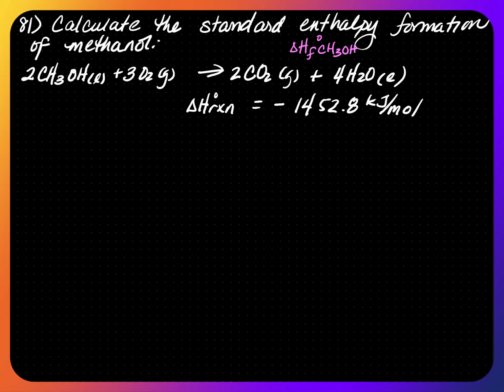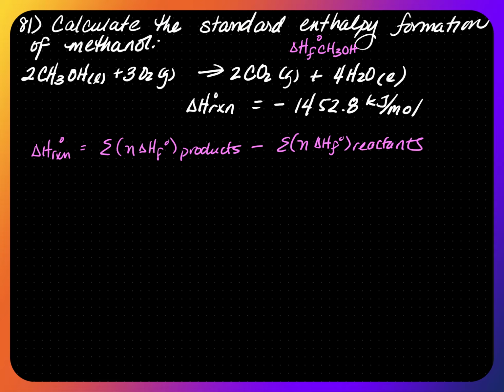So we know my general equation is going to be delta H reaction naught equals the summation of the moles times delta HF naught of the products minus the summation of the moles times delta HF naught of the reactants. So my products are on the right side.